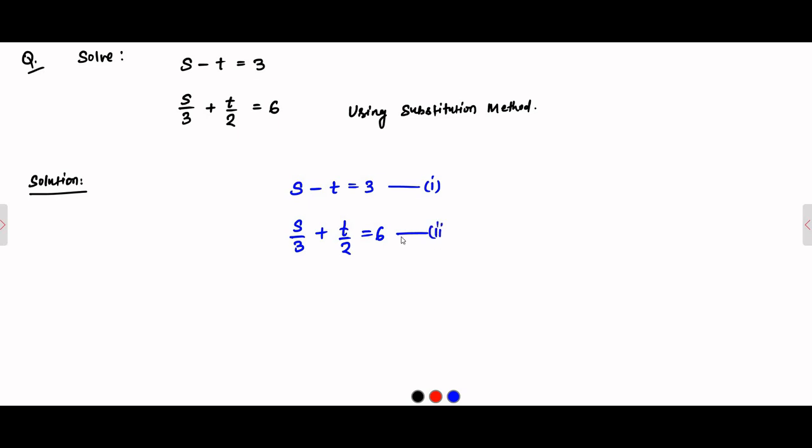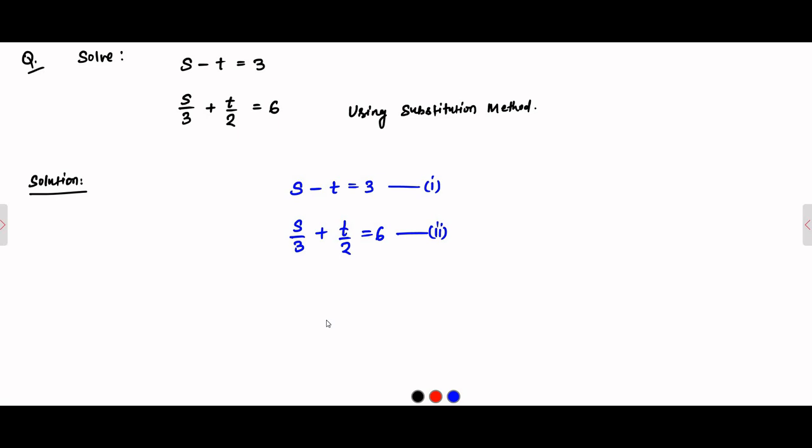Now this equation number 2 is in fractional form. I'm not saying that you cannot handle it, but it will be easier if we remove this fractional part without changing the whole equation, keeping it intact.